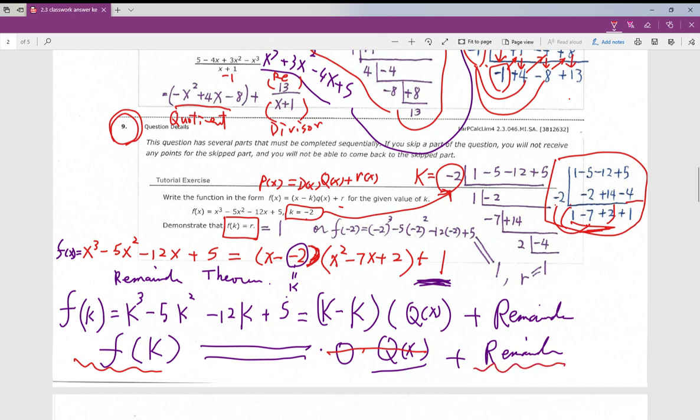So this question, if I didn't ask you to find the quotient, I only ask you to find the remainder, then what you do is use your calculator, input the -2 for x. You can easily find, you add them all together, it is 1. So the remainder is 1.